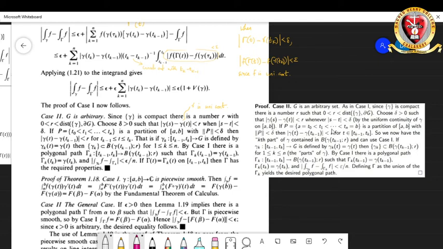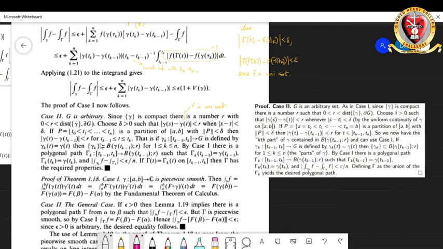Now, if we are making a partition P for this closed interval AB such that the norm of P is strictly less than delta, then modulus of gamma of t minus gamma of tk minus 1 is strictly less than r for t coming from closed interval tk minus 1, tk.